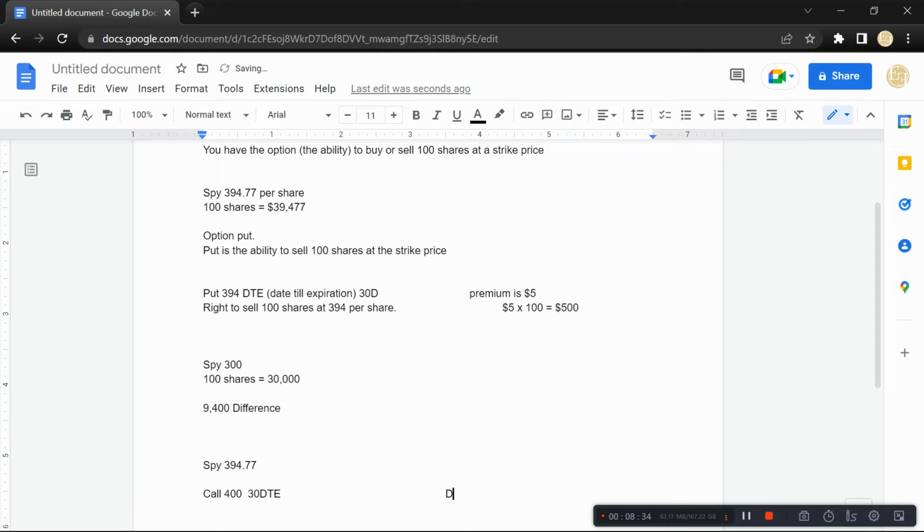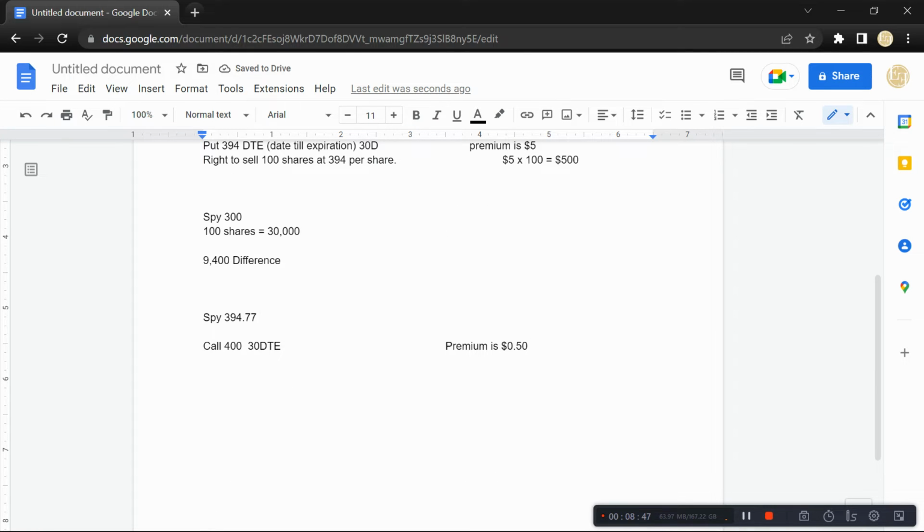So I'm going to say the premium is 50 cents per share. Times this by 100, and suddenly the price of the contract is $50. So it's going to be $50 to own the contract.